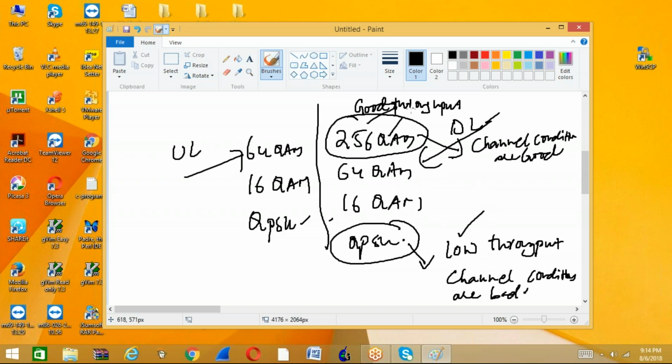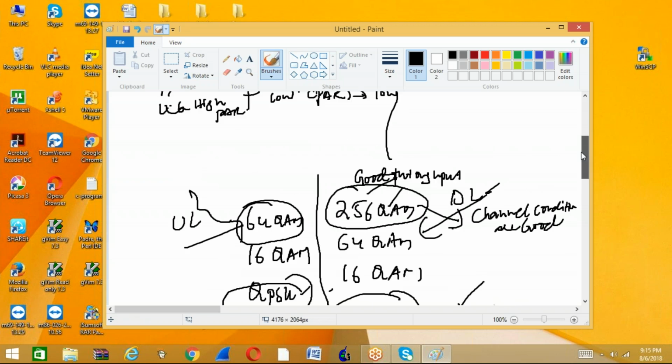In the same way we have 64 QAM and QPSK in uplink. So this is what we have seen.